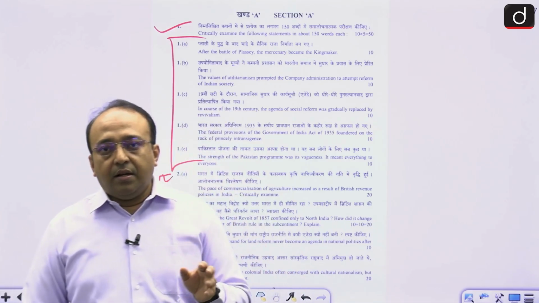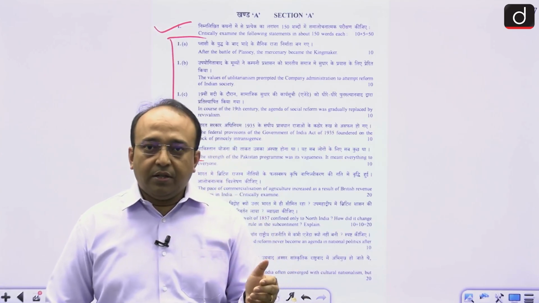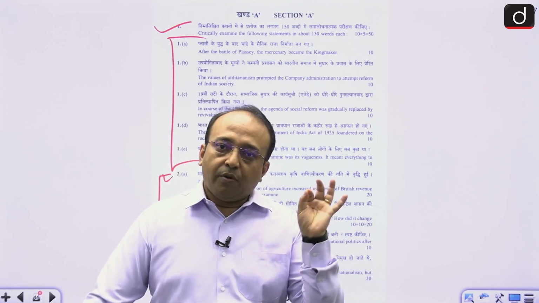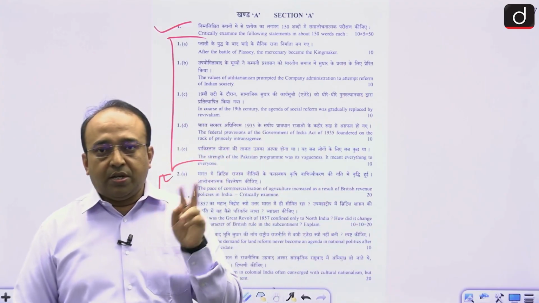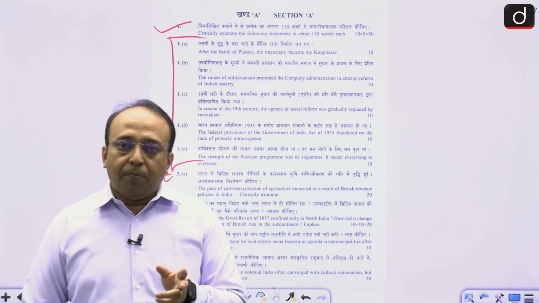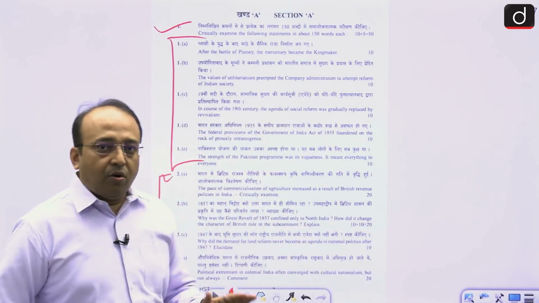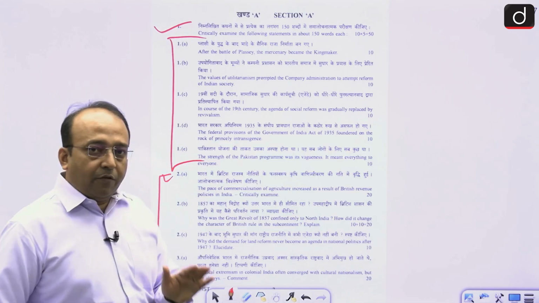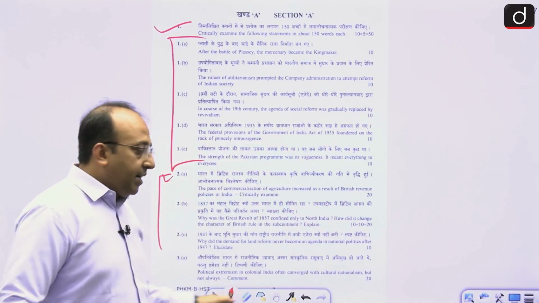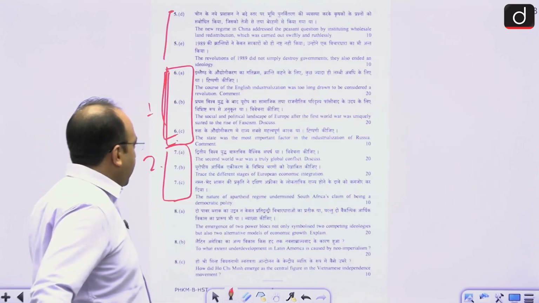On the other hand, of the remaining 3 questions in each paper, you have to select a minimum of 1 from either section A or section B, and from the other section, you have to opt for at least 2 questions to complete the paper. That's how you're going to complete both paper number 1 and 2 of your history optional. That is how the papers are designed by UPSC.